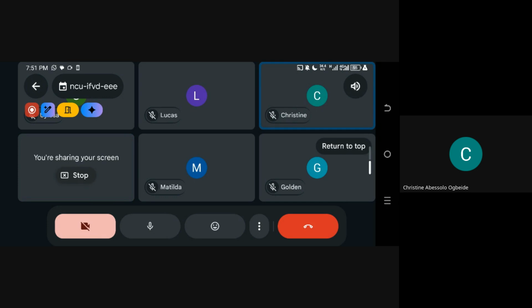We have 2A. Uyosa and Matilda said A. Golden and Christine said B. Lucas, what about you? B. We have 3B and 2A.